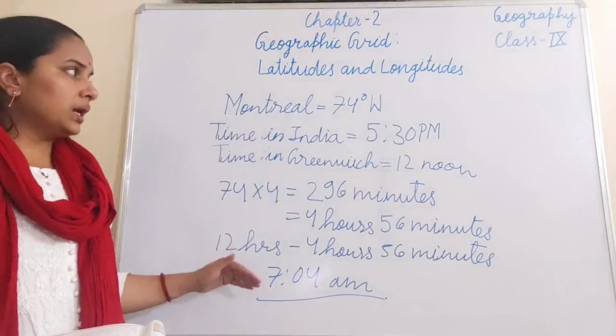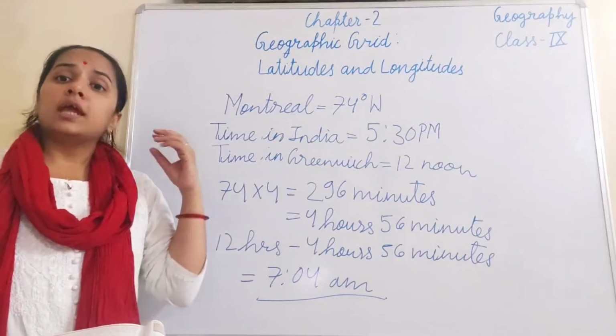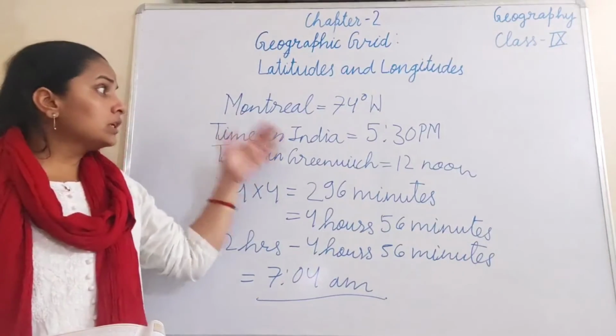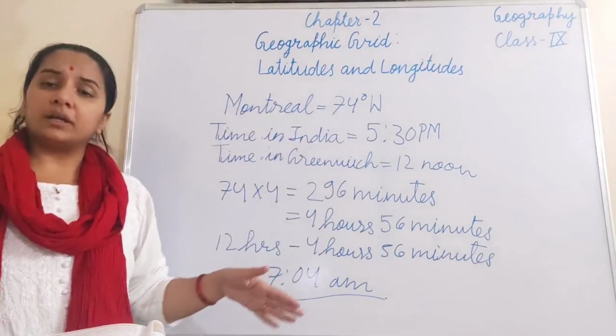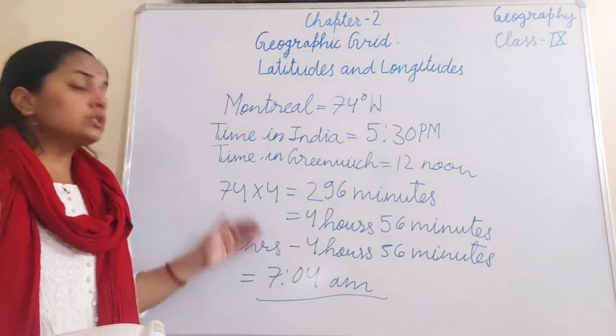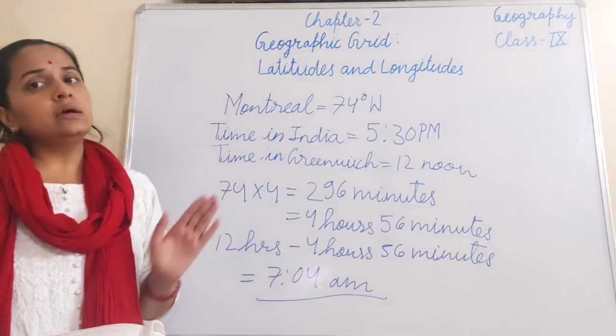So this way, if we know the degree of the longitude and the time of a particular place, we can calculate the time at the other place.